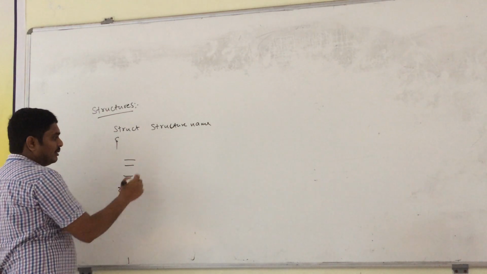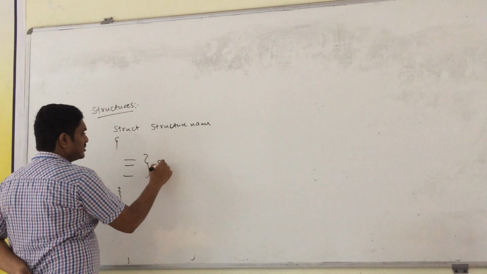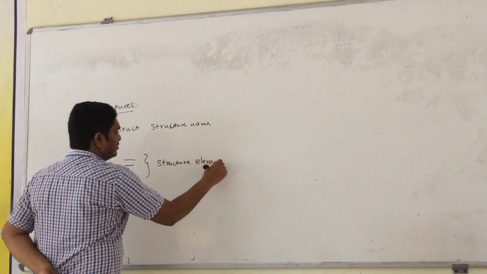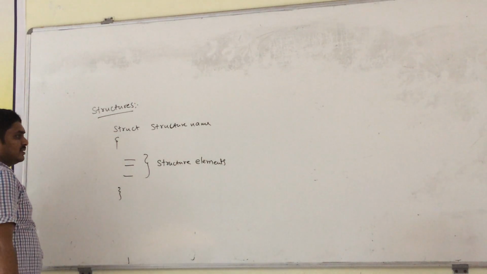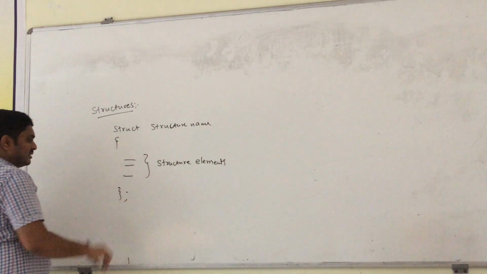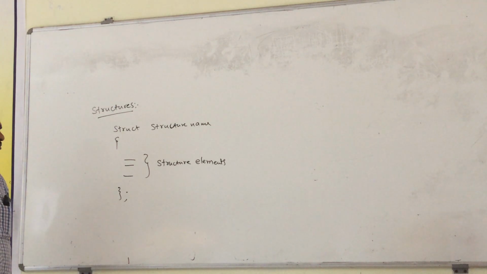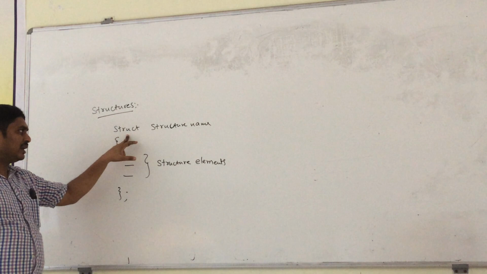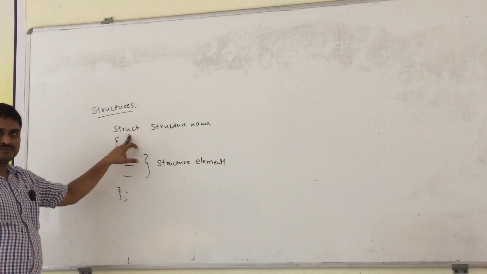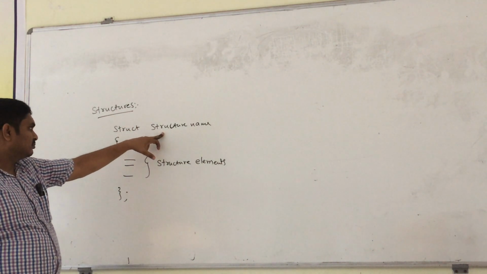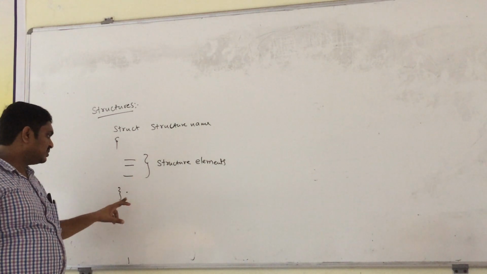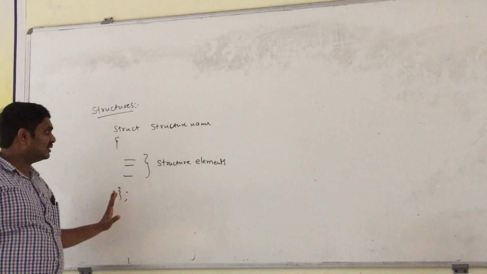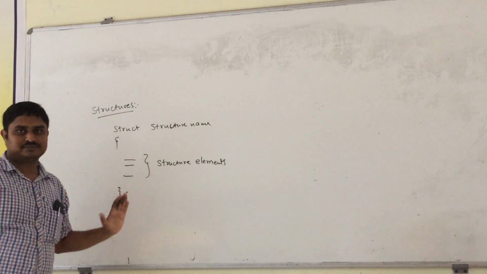In between the curly braces we write the structure elements, and it ends with a semicolon. Struct is the keyword which tells the compiler it is a structure. So: structure name, structure elements, and it ends with a semicolon. This is the syntax of a structure.